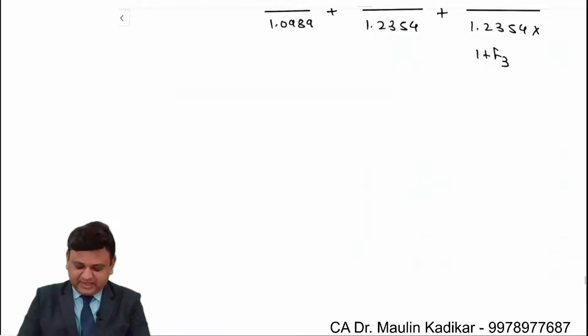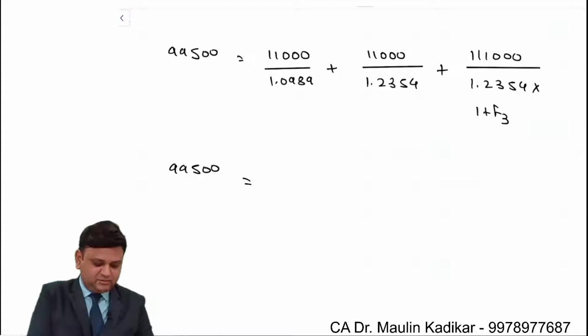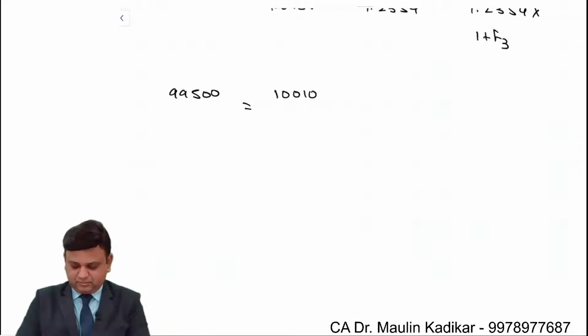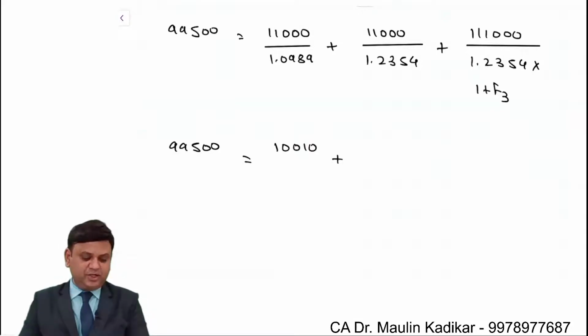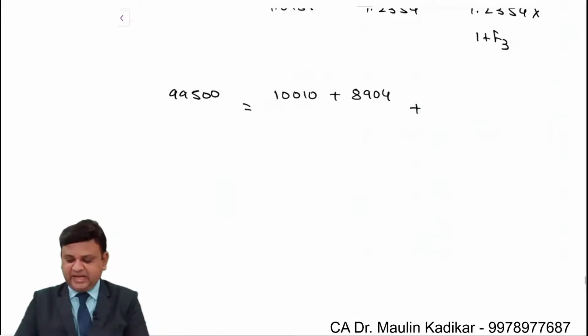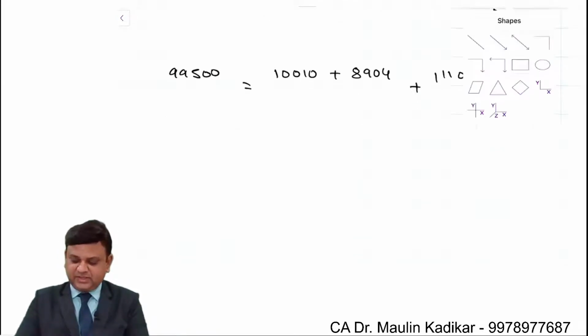So over here, 99,500 is equal to 11,000 divided by 1.0989, that is 10,010, plus 11,000 divided by 1.2354, that is 8,904, plus 1,11,000 divided by 1.2354 into 1 plus F3.